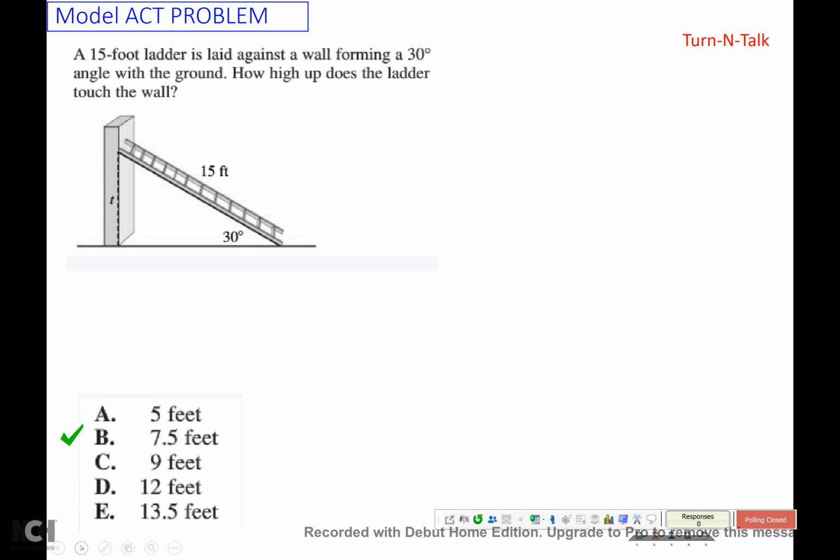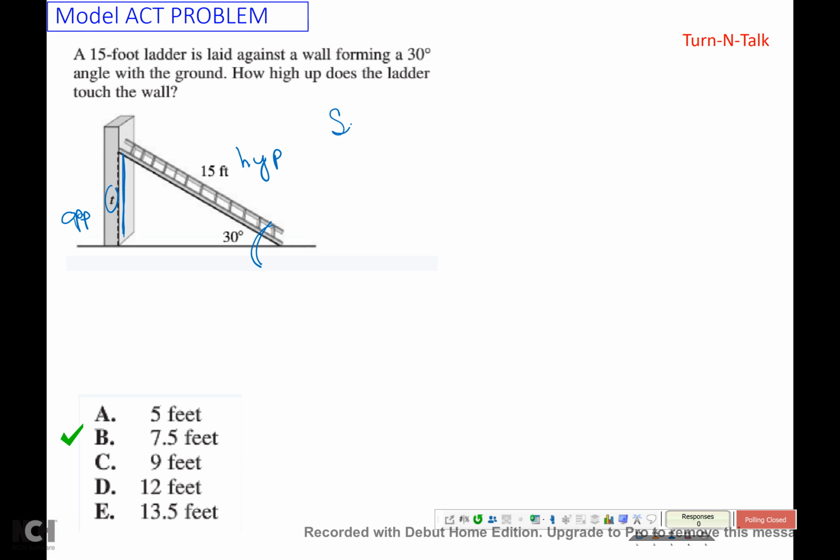And hopefully you got B. All right, a 15-foot ladder is laid against a wall, forming a 30-degree angle with the ground. How high does the ladder touch the wall? So they're looking for this T value. Well, again, if I'm standing here at the angle, this would be opposite. This would be hypotenuse, and that's a sine function.